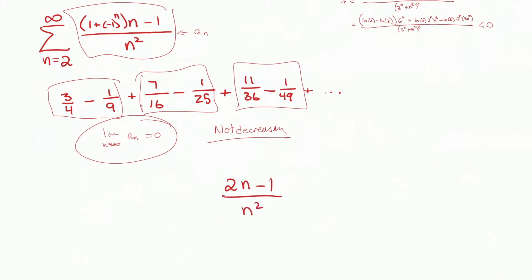So when n is even, you get -1 plus 1, which is 2 times n minus 1 over n squared. And then when n is odd, you get 1 plus -1, which is 0 times n minus 1 over n squared. So when n is odd, the very next term is going to be plus -1 over n plus 1 squared.